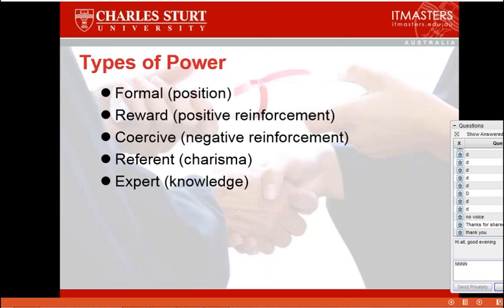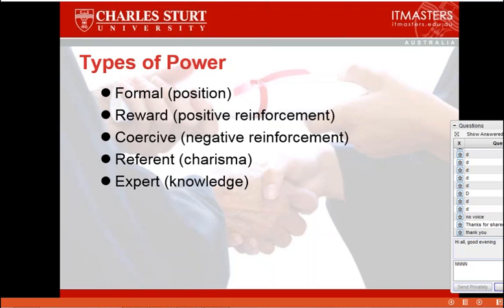As a project manager, you have power, and power can be different depending on the organization that you're in. And it happens whether it's in a project or elsewhere. Different types of power can be considered as formal power, which is your position in the organization chart, which is recognized and is there for everybody to see. And you have the reward, which is you have power because you have positive reinforcement.